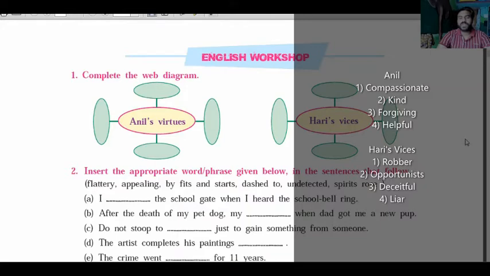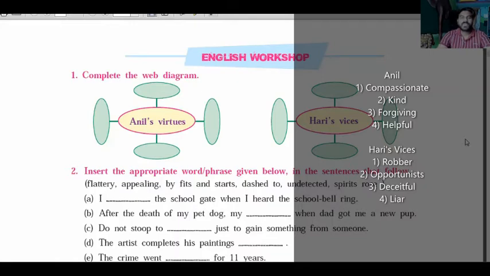Let's move towards the next diagram, in the right side, Hari's voices. In the first diagram, which is on the left of the right diagram, we have to write robber. Robber means he is a thief, so that's why we write robber. Next, in the upside column, is opportunist.